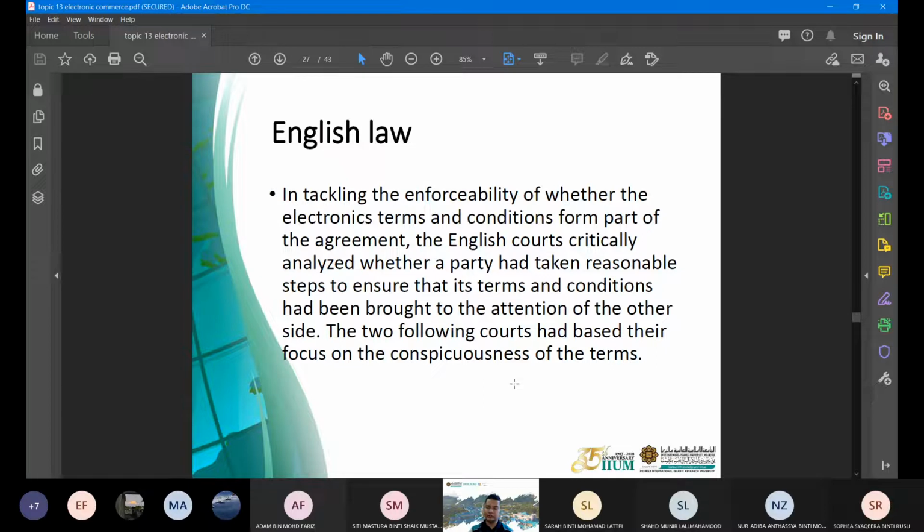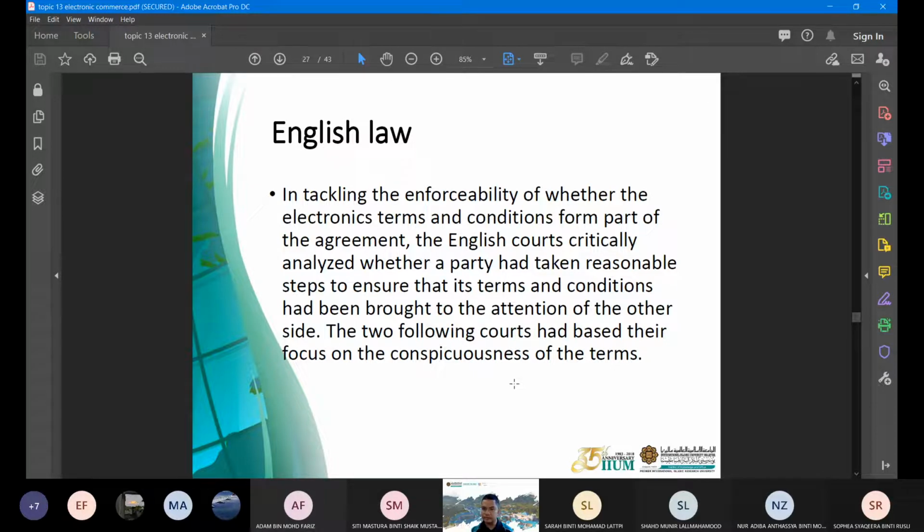Maknanya terms and condition tu is attached using a hyperlink. But as decided in cases like AirAsia X just now, the court will have to see whether people can sufficiently notice this hyperlink. Kadang-kadang hyperlink tu tersorok dekat bawah-bawah kecil-kecil kan, you cannot see, isn't it?